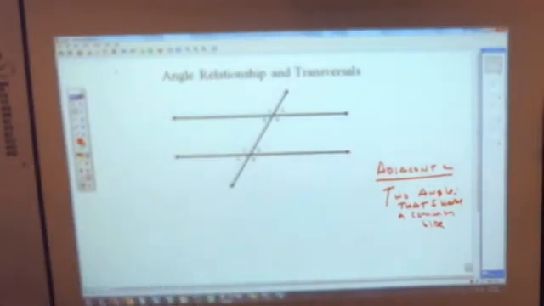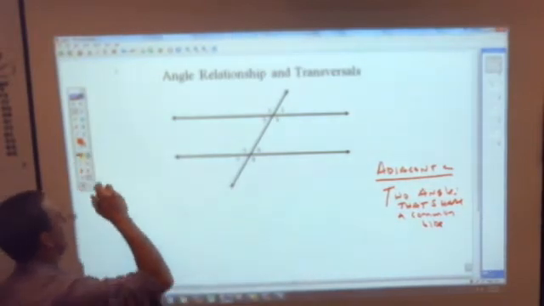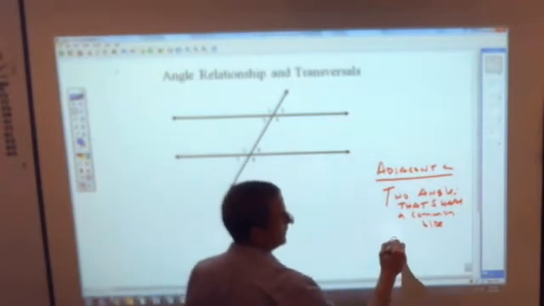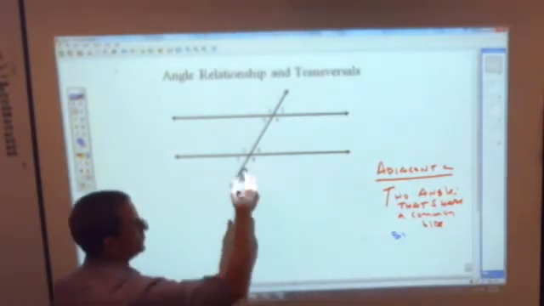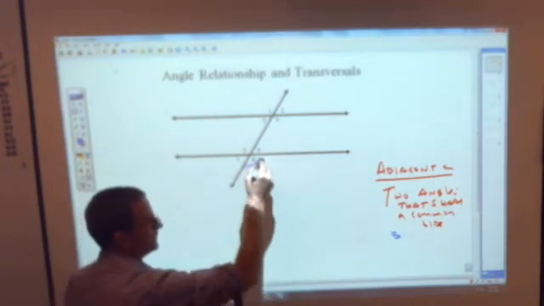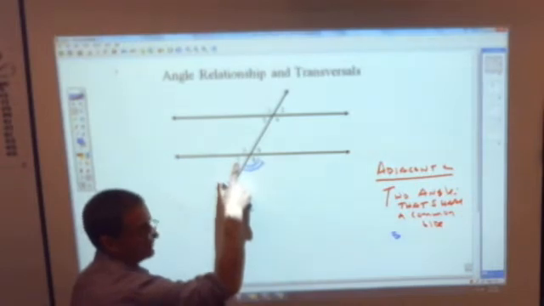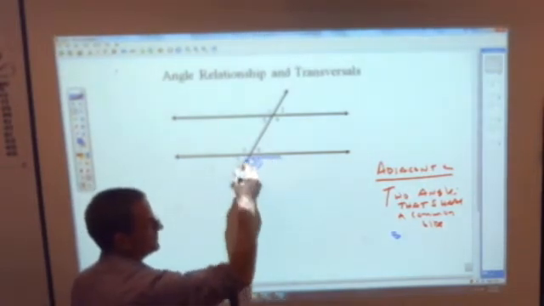So if you look at our little example up here, there are many, many adjacent angles. If you are looking for adjacent angles, angle 8 is adjacent to angle 7 because they share this side.